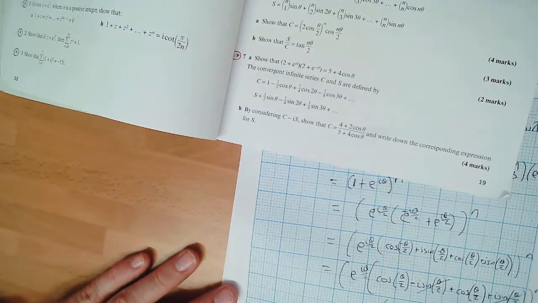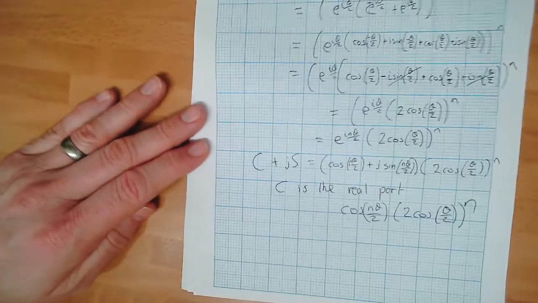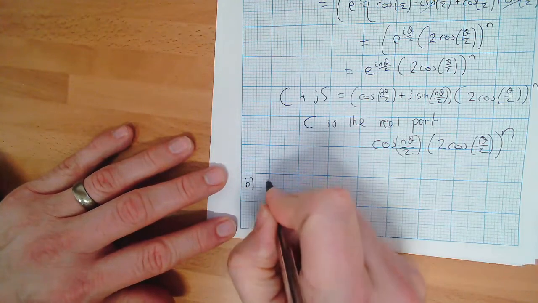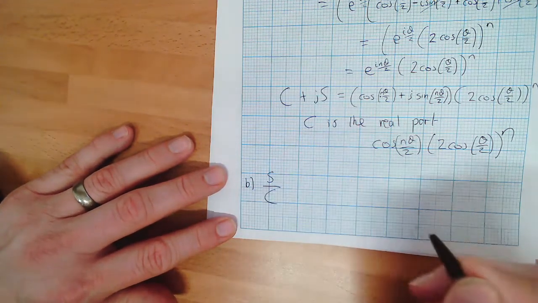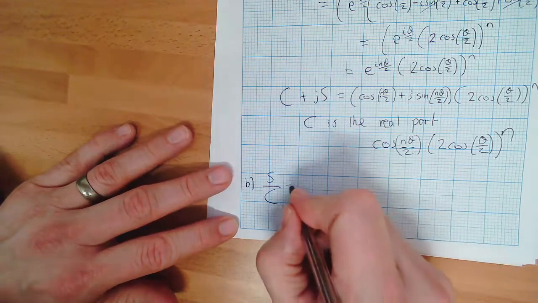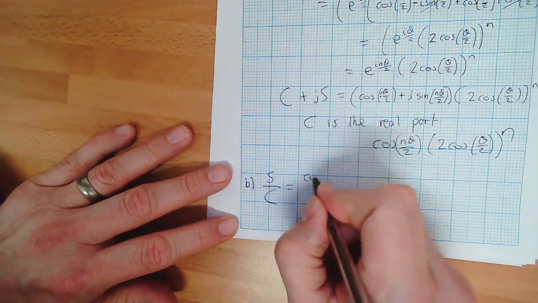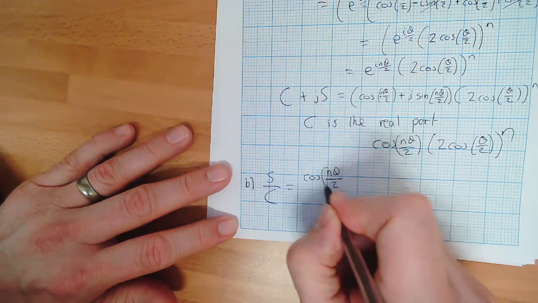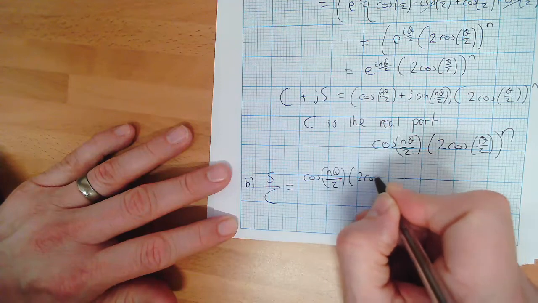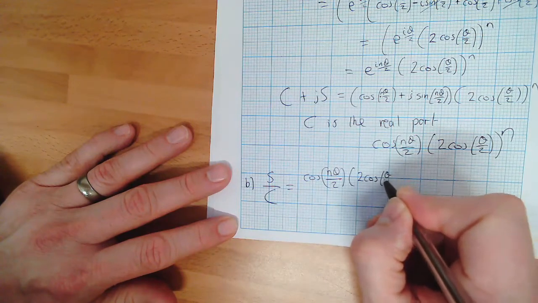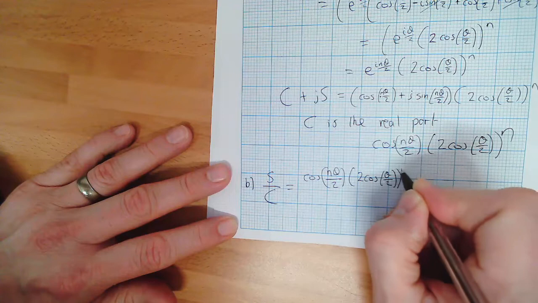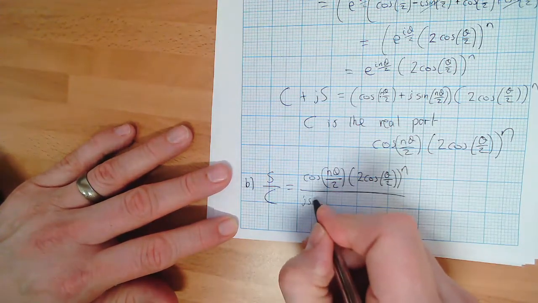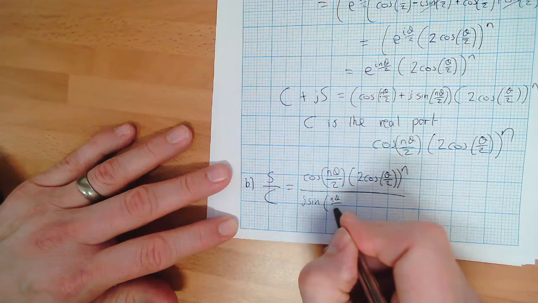Now, it does ask for part B. Part B would be S over C. Well, what is S over C? So S over C would be the real part over the imaginary part. Well, let's have a look. Let's write this down. I would get cos n theta over 2 times 2 cos theta over 2 all to the n over the imaginary part, which is my i sine n theta over 2.